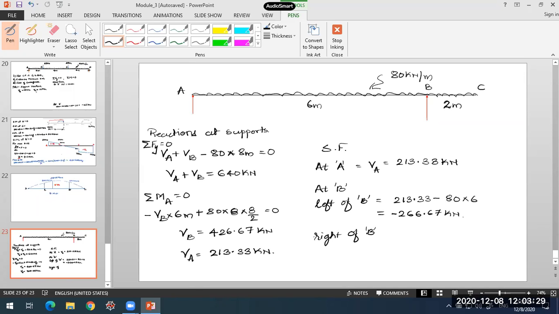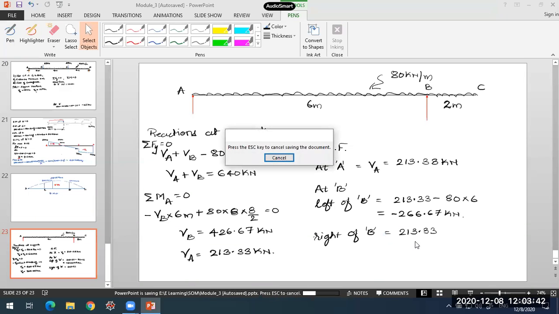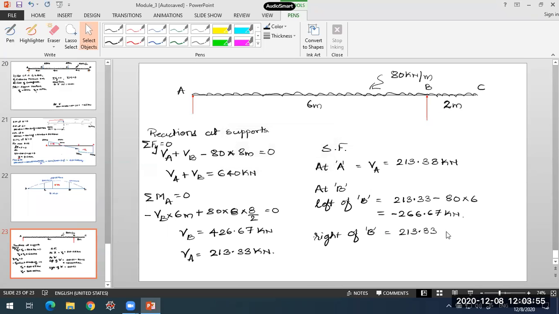And to the right side of B, it will be 213.33 minus 80 into 6 minus VB.